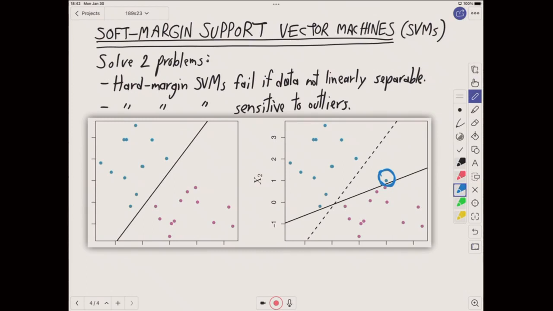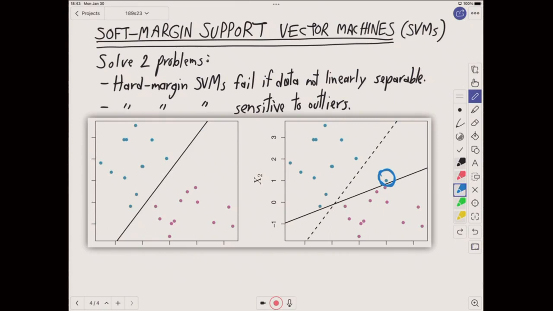And when you add that point and solve again, you get a very different decision boundary, the solid black line here, than what you got before, which was the dashed line here. So just adding one data point, even possibly to a problem with a lot of data points, might cause a big change in the classifier. So it's very sensitive to a single point.